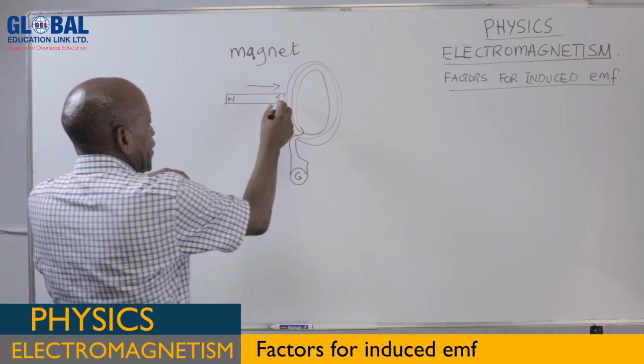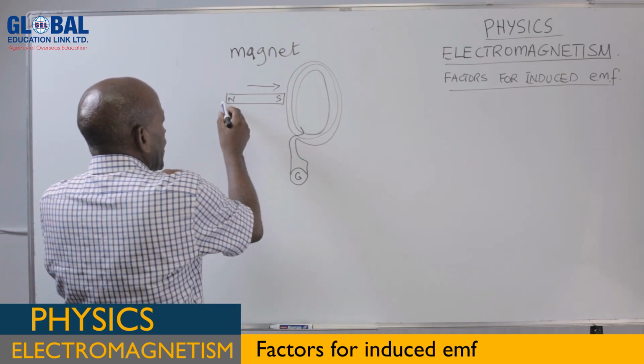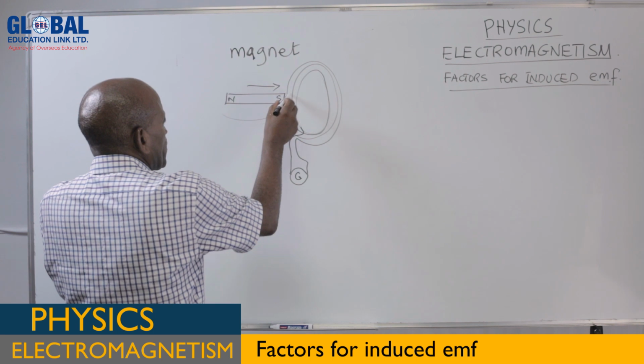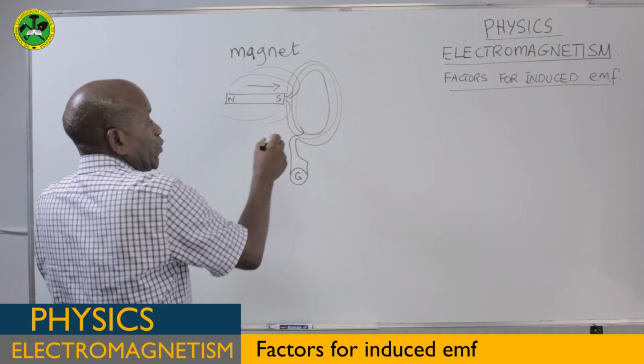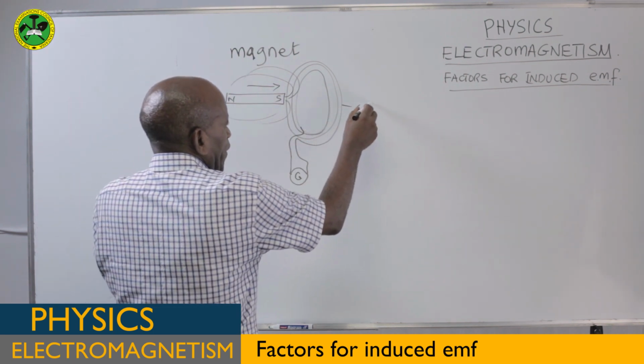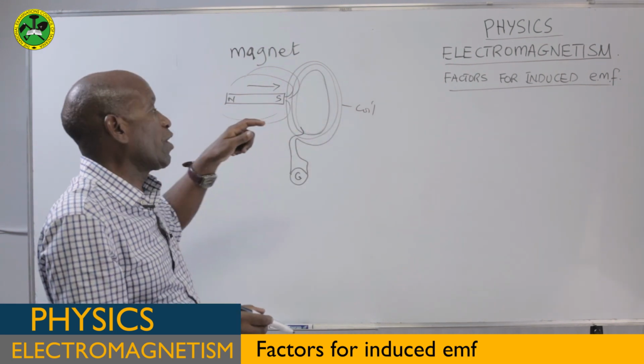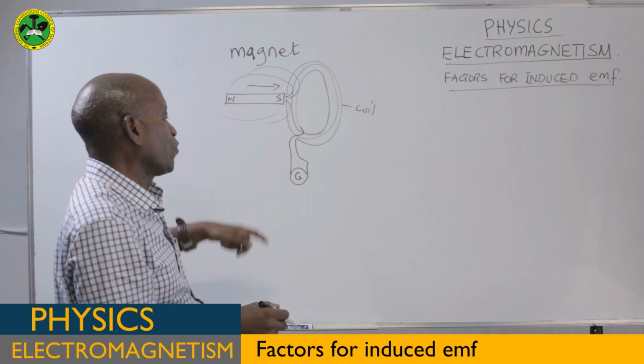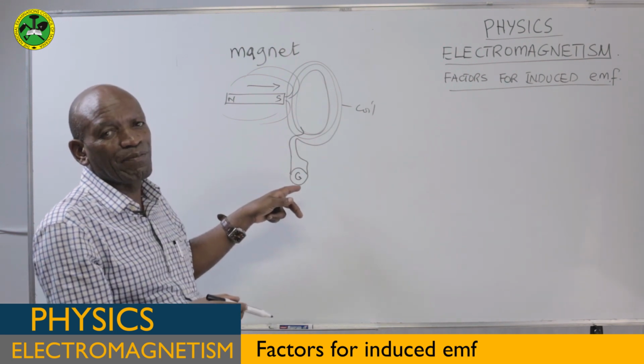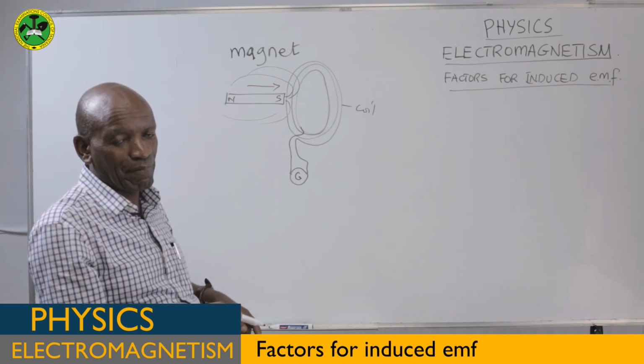The magnetic field of this magnet, which interacts with the coil, will cause the coil to have an induced EMF, whose small current can be detected by the galvanometer.